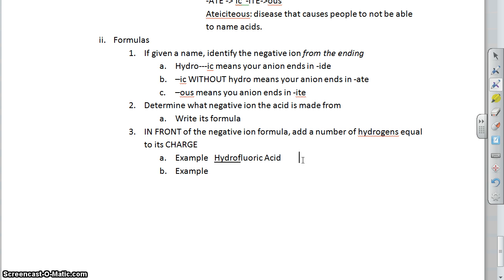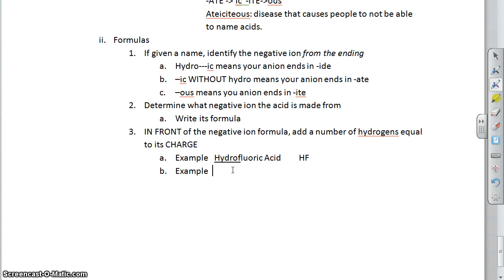Fluor looks to be the stem, so fluoride is what I'm looking for. So I go and I look for that, and I see that's F, and it has a -1 charge. So now I need to find how many hydrogens go in front of it, and the answer is the same as the charge. So the charge is -1, so it's just one hydrogen, HF. That is hydrofluoric acid.